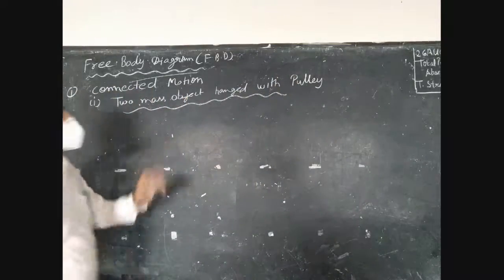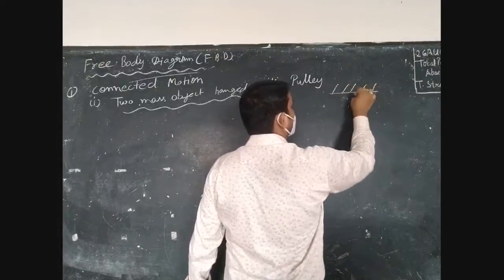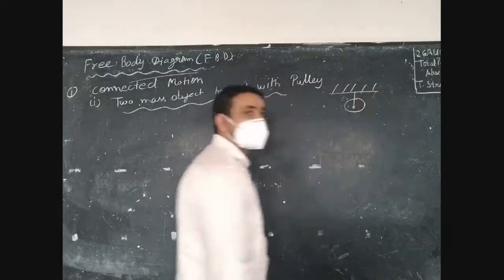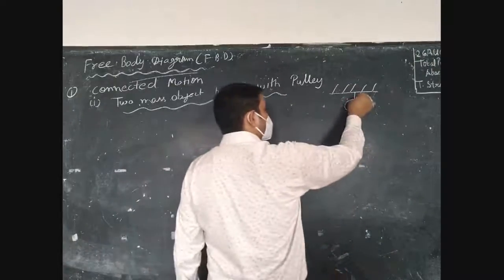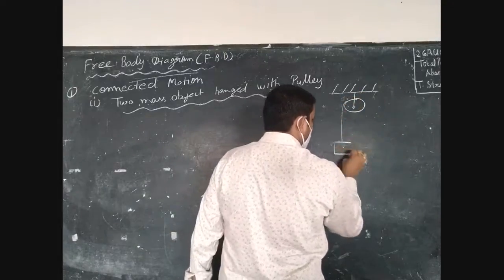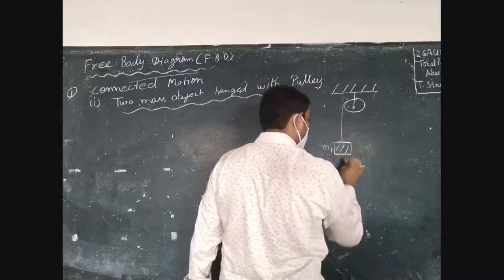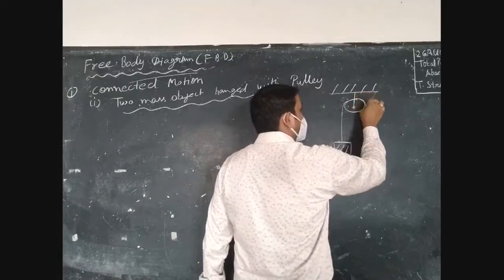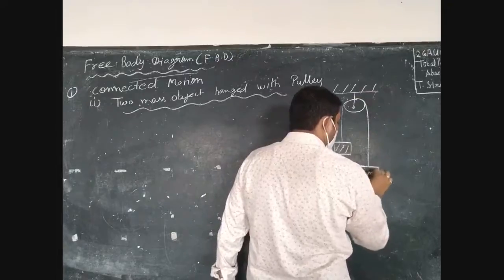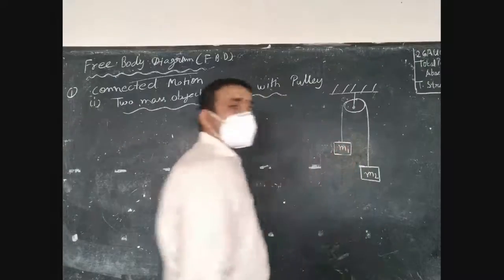Okay. Now let's say, or suppose, a pulley is hanged with a rigid support and the two blocks hang, with mass m1 and the other block with mass m2, like that.